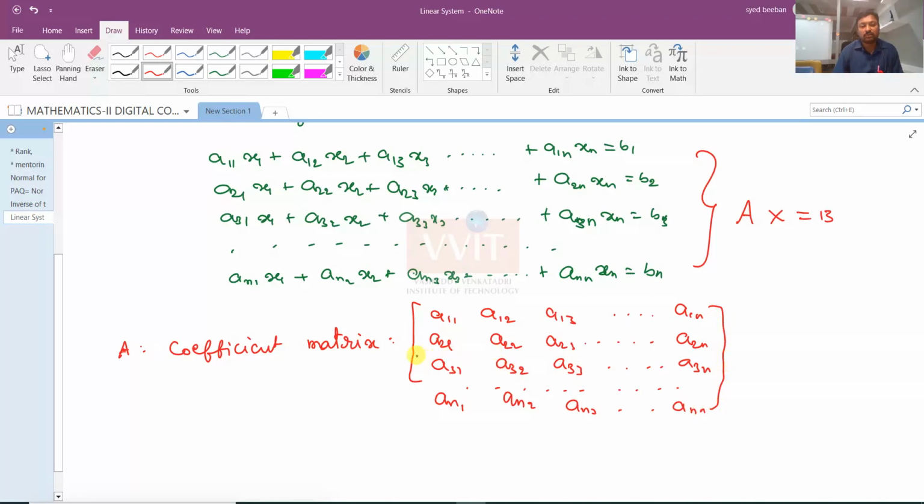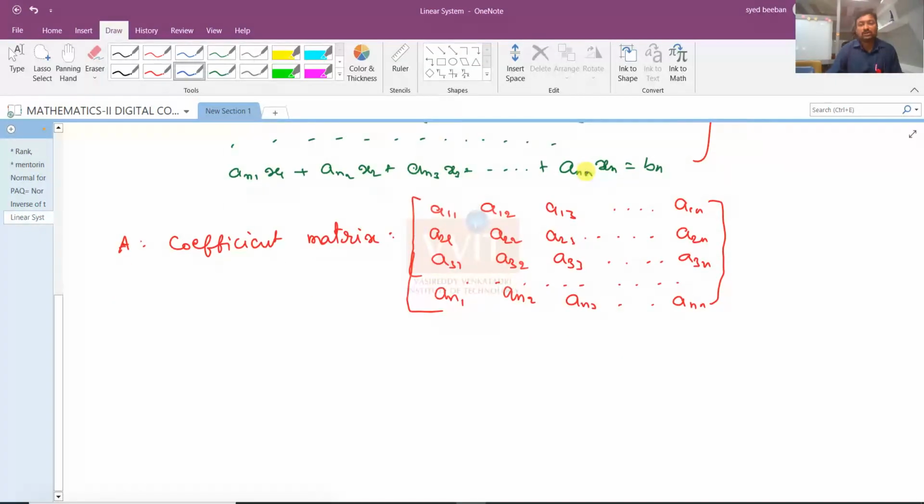This is the A matrix, in which we collected only the coefficients of the variables. Here the variable is x1 whose degree is 1, x2 whose degree is 1, x3 whose degree is 1 and so on up to xn, all the degrees are 1 here.